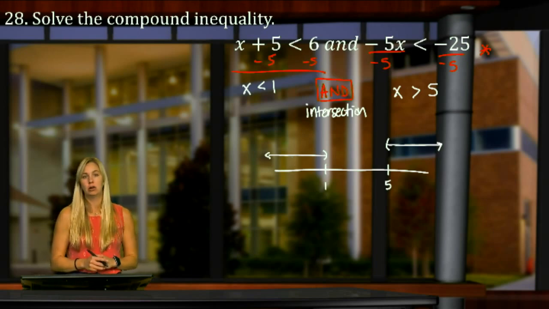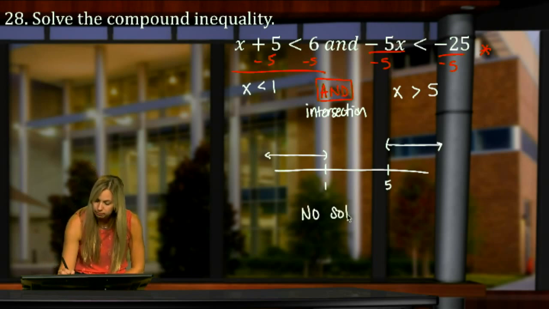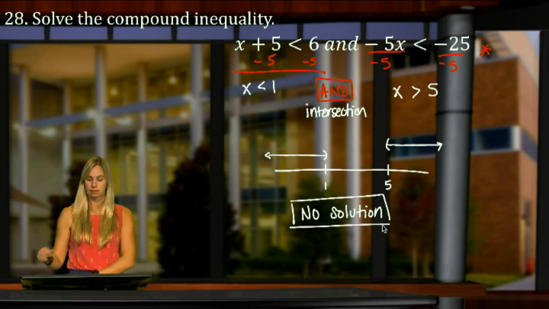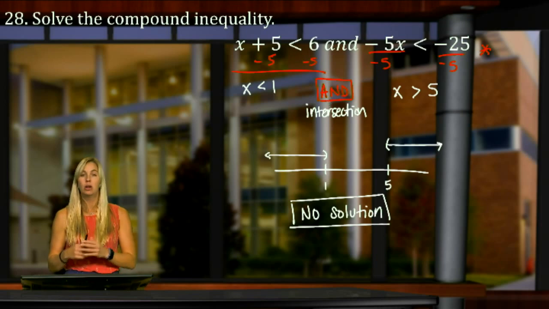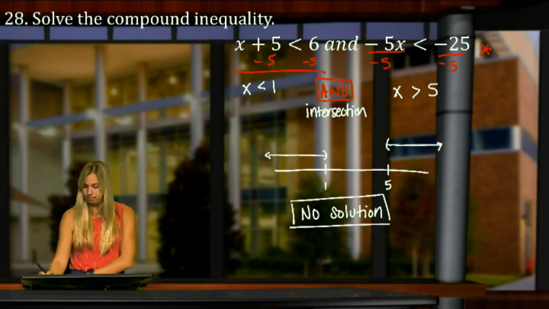And the answer is no, they don't overlap at all, which means there is no solution for this compound inequality. Had this said or, then we would have had two separate intervals. Okay, so make sure that you distinguish between the and the or when you're solving these two problems, which I believe the next one is going to be an or problem.